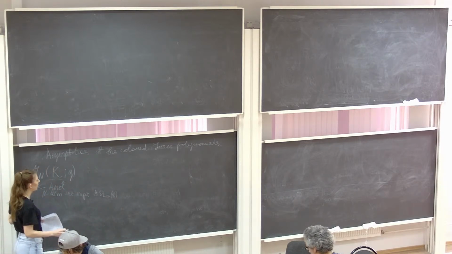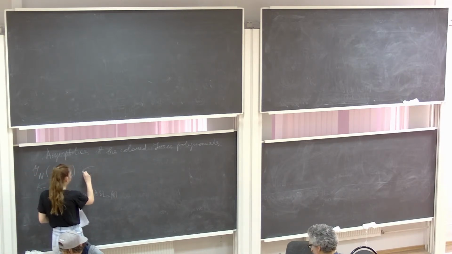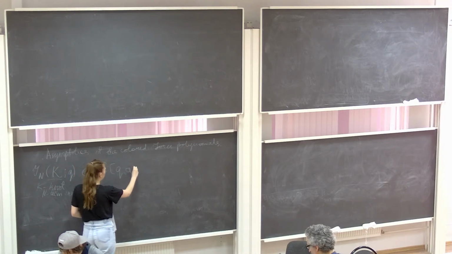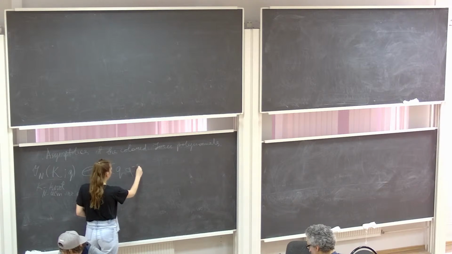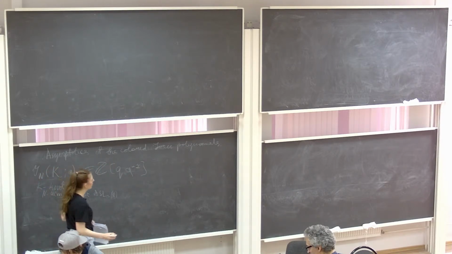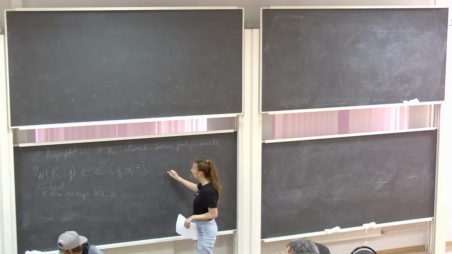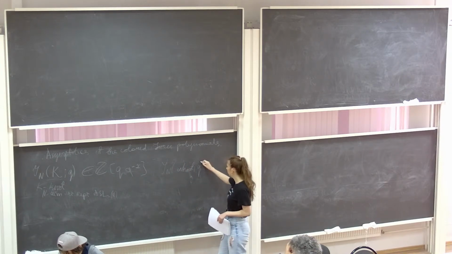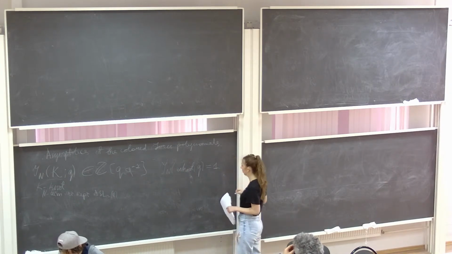Also, we normalize it. First of all, it's a polynomial of Q and Q to the power of -1, and we normalize it in such a way that this polynomial for the unknot is equal to 1.